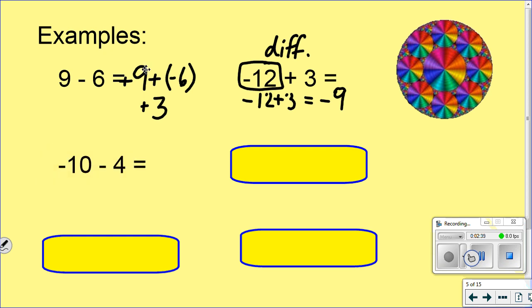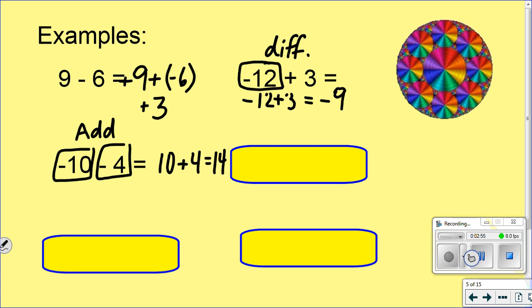All right, here it looks like I have same sign, negative 10 and negative 4. So same signs. I'm going to add those together. So 10 plus 4 is 14. But again, I want to take the sign that I was given.